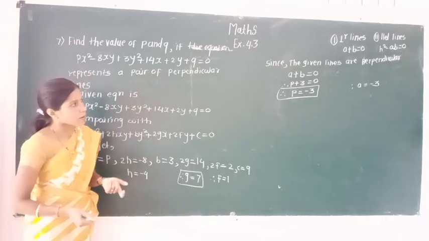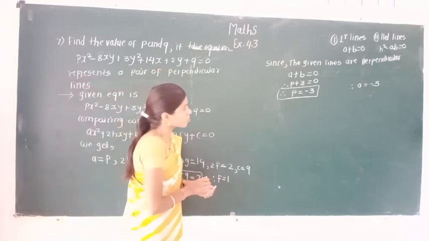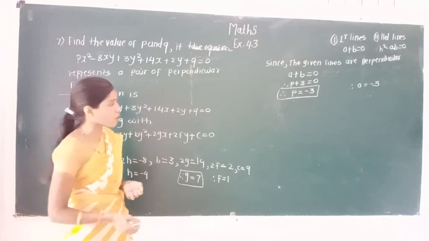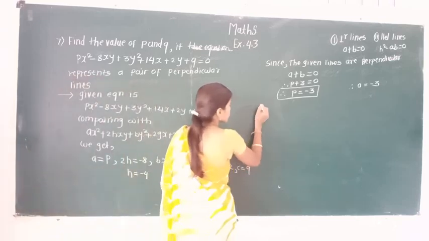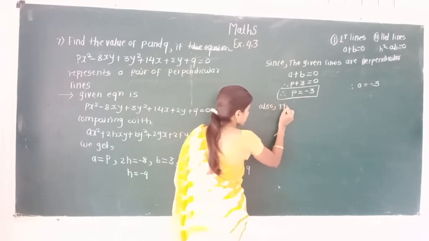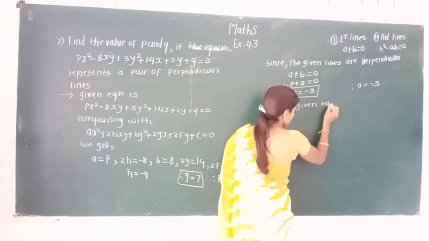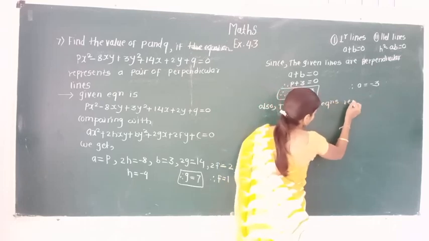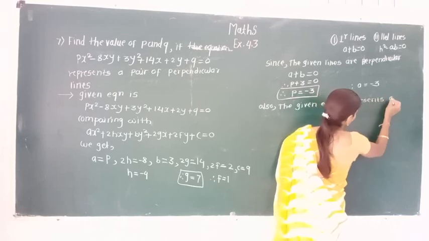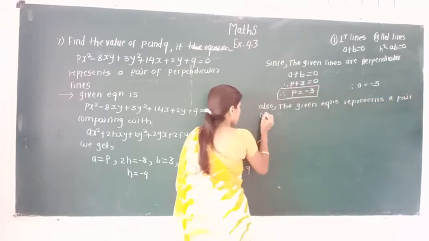Those lines are perpendicular, but the given equation represents a pair of lines.